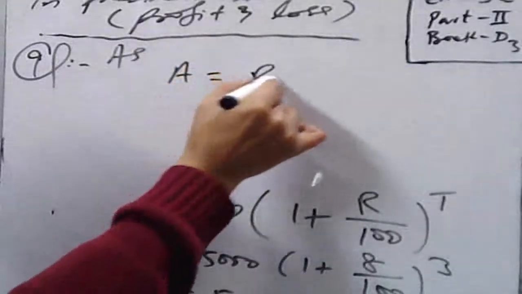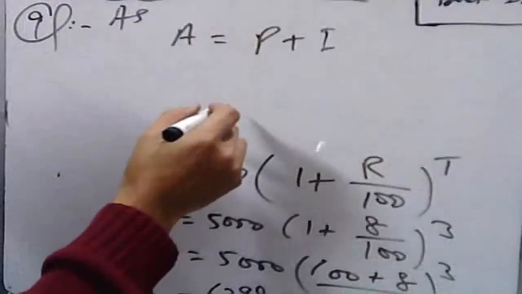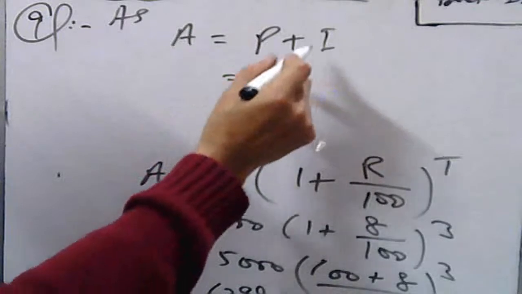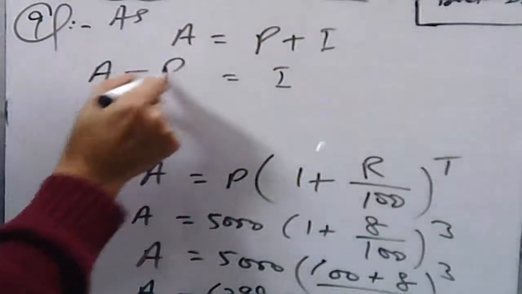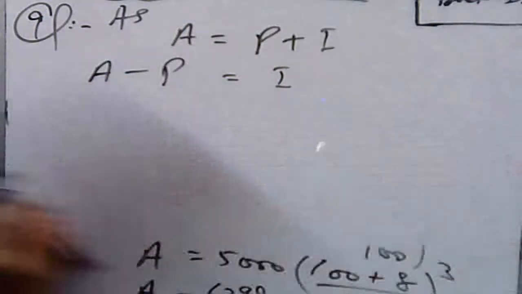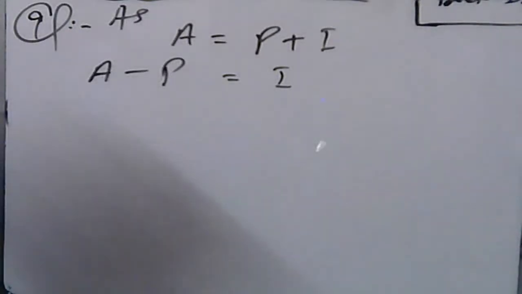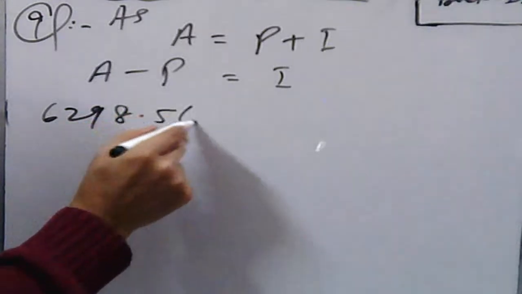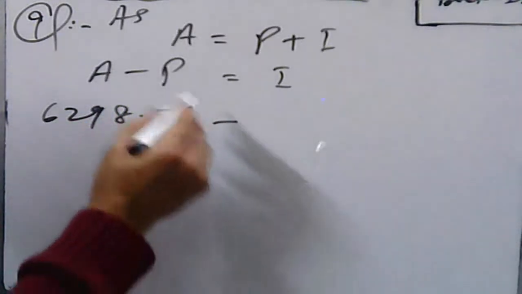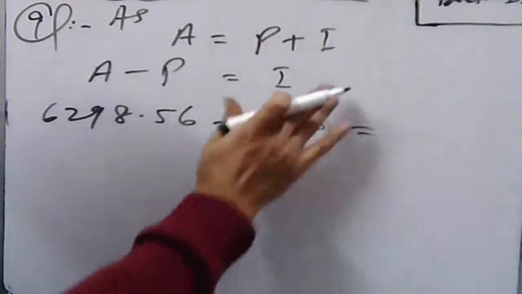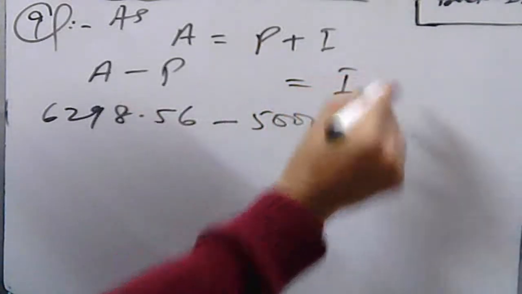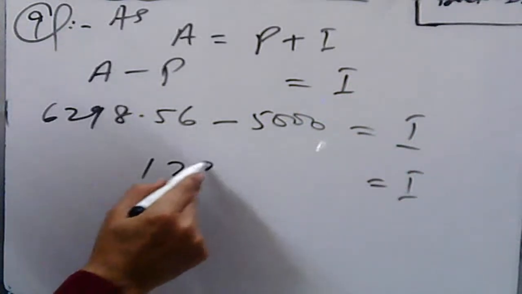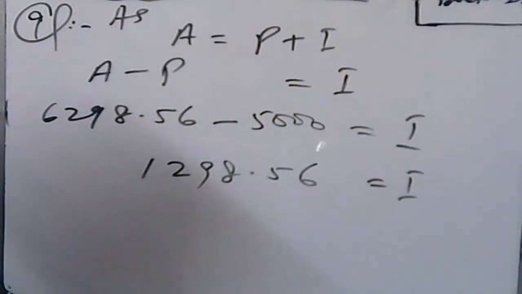So putting the values, you have calculated the amount, that is 6298.56 minus principal amount 5000 is equal to I. After subtraction you will get 1298.56. So that is your simple interest compounded per annum or annually.